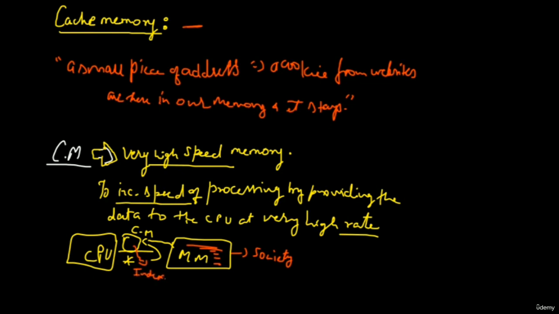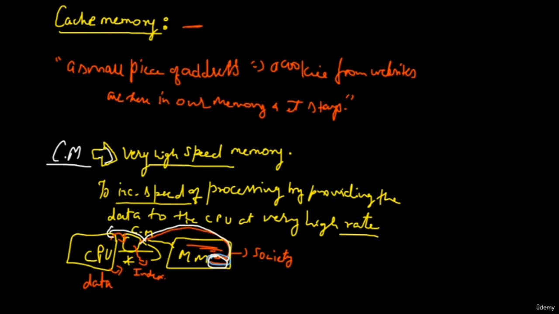Now when the CPU wants particular data from a particular address, it just consults the cache memory, and cache memory directly goes to the home where it wants to fetch the data. Like in this case, from this point we can fetch this data and provide the CPU that data.